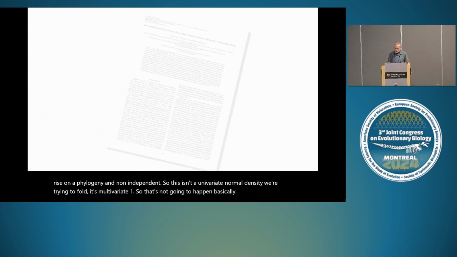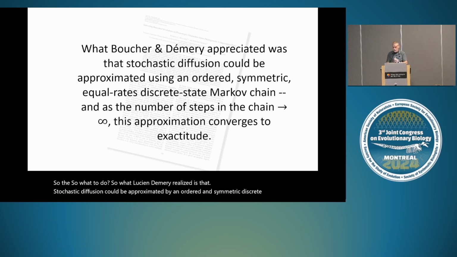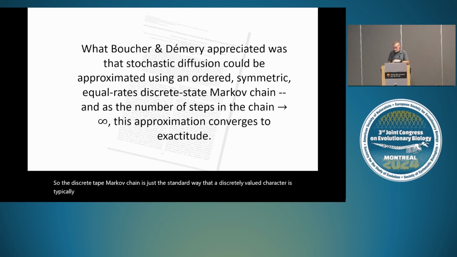So what to do? What Boucher and Demery realized is that stochastic diffusion could be approximated by an ordered and symmetric discrete state Markov chain. This is key. The discrete state Markov chain is the standard way that a discretely valued character is modeled in phylogenetics in lots of fields. Saying it's ordered means that changes are not allowed to occur between non-adjacent levels of the trait.